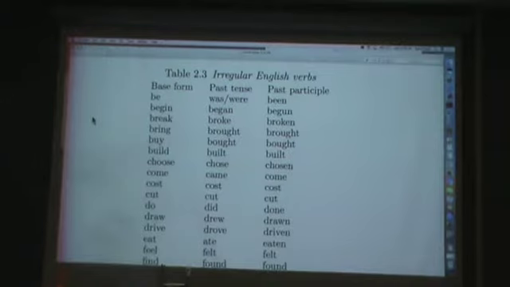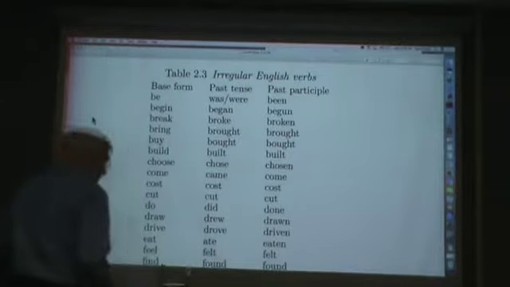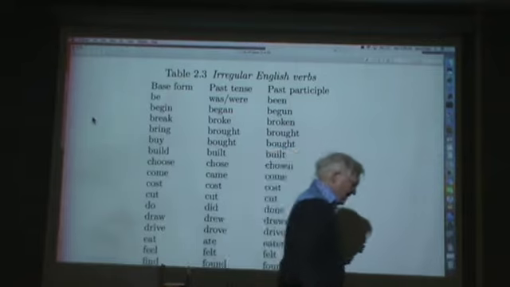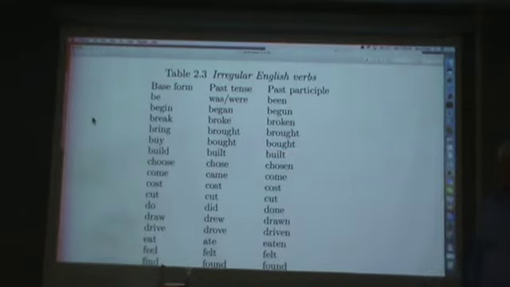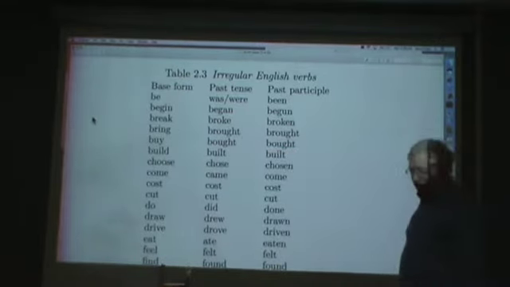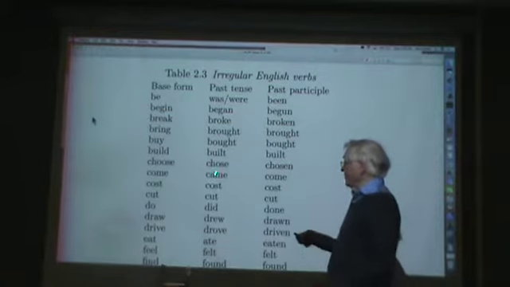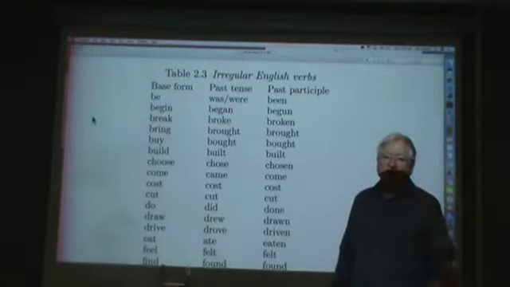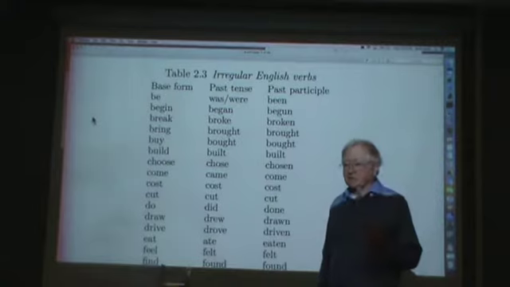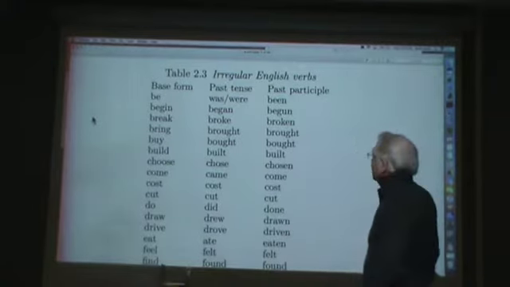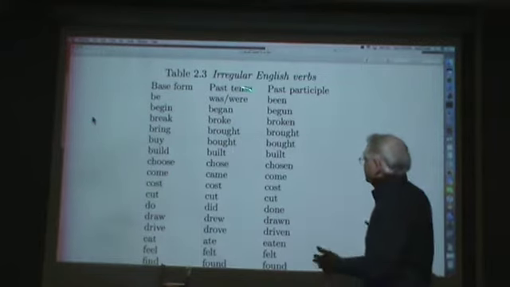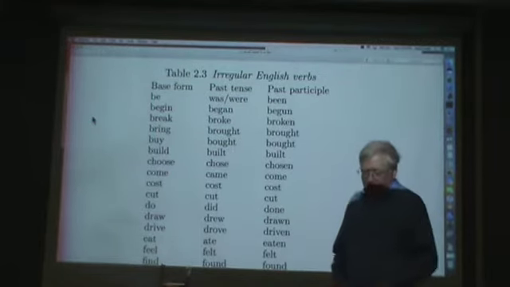I completely agree with you. You can't avoid some of these irregular verbs. And in fact, the crazy thing is that the verbs that are irregular are among the most commonly used English verbs. On the other hand, some of them aren't really changing very much, and some of them are.